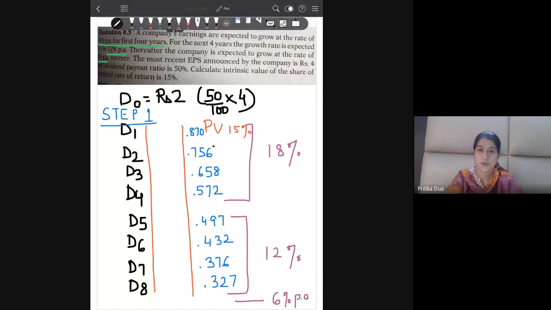Prashant, 9.6 is not correct. It is approximately 16.8, 16.77. That is the correct value. Prashant, you please check your calculations.